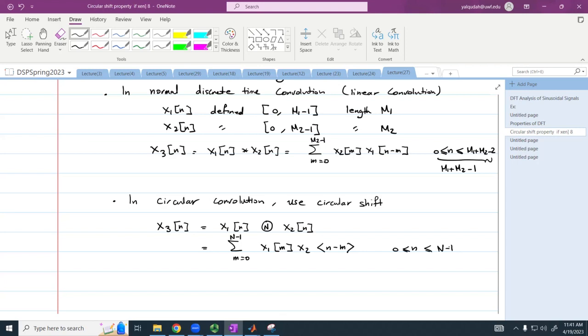Does that make sense? x1, x2, you can flip them and do it to M1. Oh, I see what you're saying, because I'm shifting M1. I'm shifting in, yeah, this might be M1.